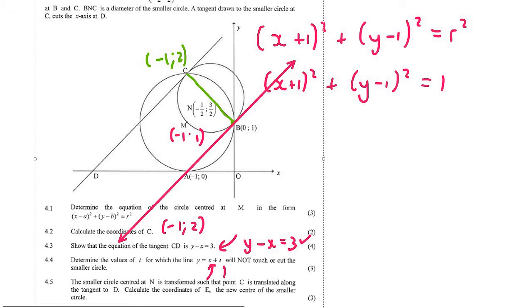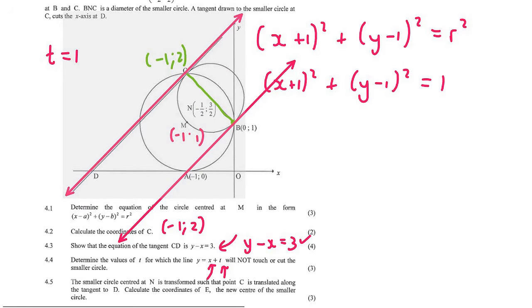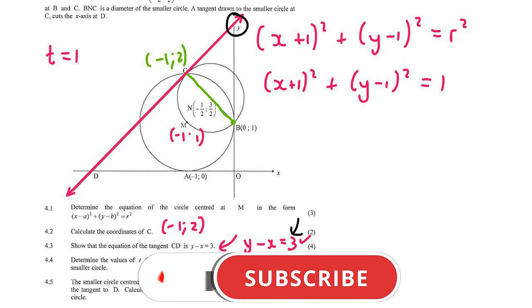Or in this case t, which is the y-intercept. Well, the y-intercept there is 1, okay, so t would be equal to 1. If it's a tangent and it touches that circle, then the y-intercept up here was already worked out as 3. Remember, we worked out the y-intercept already.